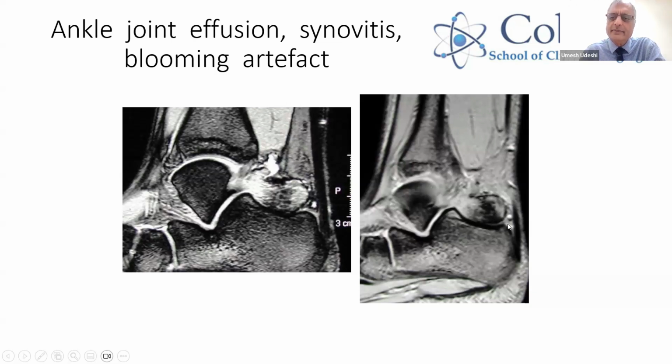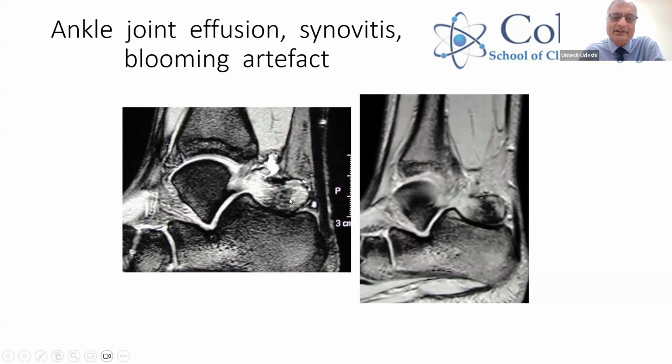So that's called blooming. On gradient images, if you see something dark and it looks worse on the gradient image compared to the standard T2 image, that's called blooming. And blooming artifact happens when you've got some metal there. So what this is saying is there's fluid here with some dark stuff in the middle and blooming artifact. So that is telling us there's hemoglobin degradation products.